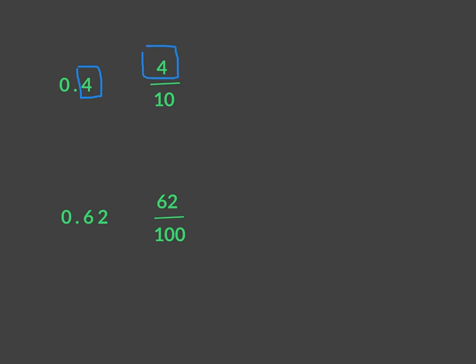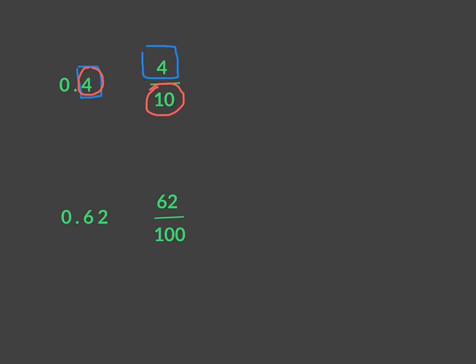The digit to the far right is a 4. That 4 is in the tenths place. Therefore, the denominator is a 10. 0.4, or 4 tenths, expressed as a fraction, would be 4 over 10.